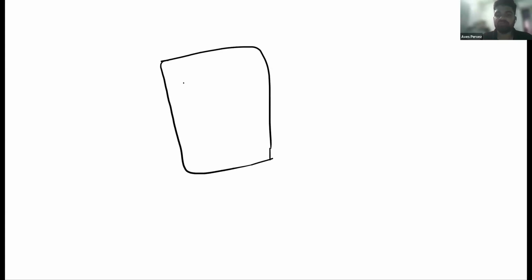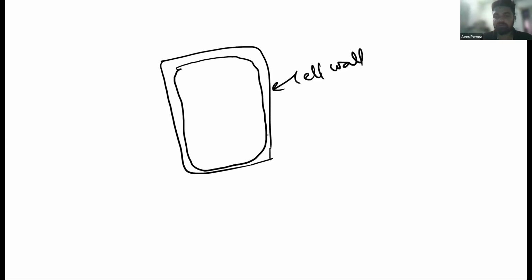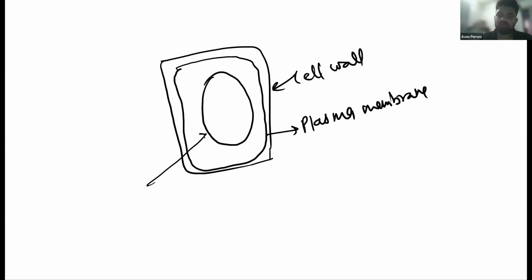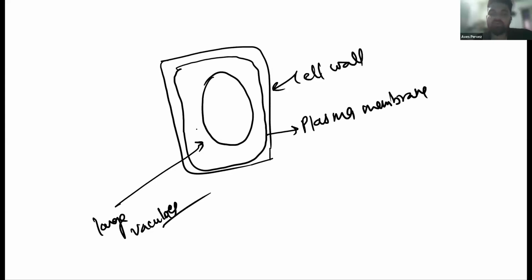So this is a plant cell, which is going to have a cell wall. This is the cell wall, and inside the cell wall is the plasma membrane, and inside the plasma membrane is a large vacuole.